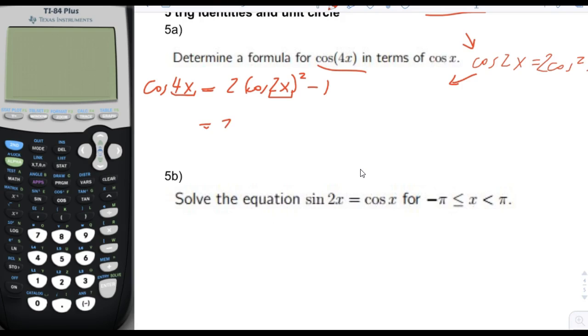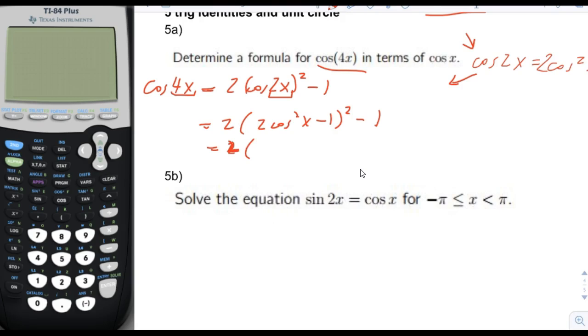So it's going to give me 2 times 2 cosine squared regular x, not 2x, minus 1, squared, minus 1, right? So this is going to be, and I'm going to expand this now because maybe I want to simplify it.